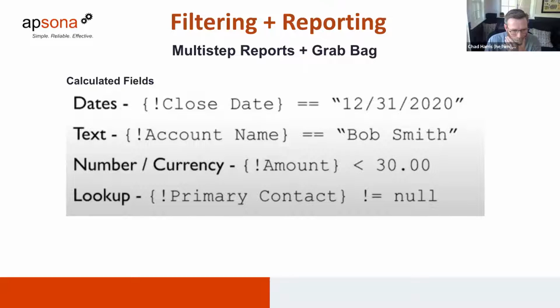Are there any JavaScript functionalities that Apsona does not support? So what I will say, and then Chuck can maybe fill in with a little bit more of an expert answer, is that my understanding is that any valid JavaScript language and function can be used in our calculated fields because they're designed to accept JavaScript.